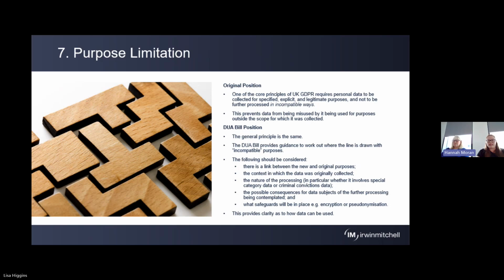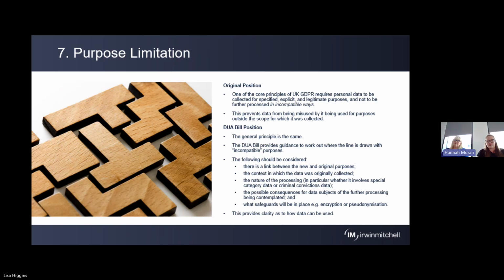So this prevents data from being misused for purposes outside of the scope for which it was collected. Under the new Act that's coming in, the general principle remains the same, but what it does is provide guidance to work out where the line is drawn when it comes to incompatible purposes.